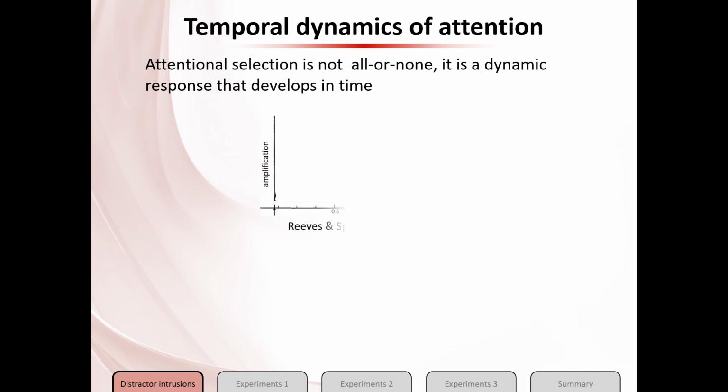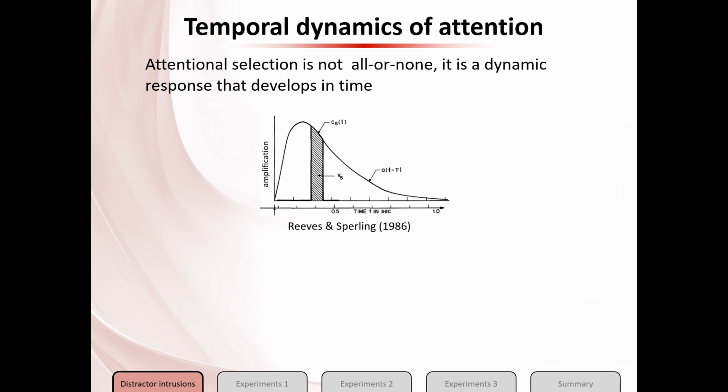This was first suggested by Reeves and Sperling, who described attention using this plot, where the y-axis is amplification and the x-axis is time. They suggested that following a target or a cue, attention behaves like this: a transient attentional response that quickly reaches a peak and then dissipates.